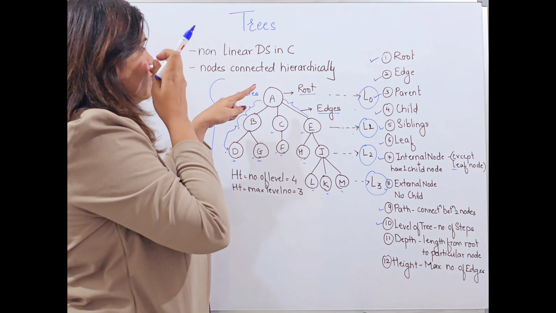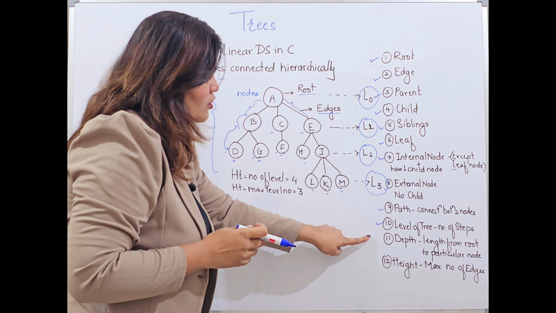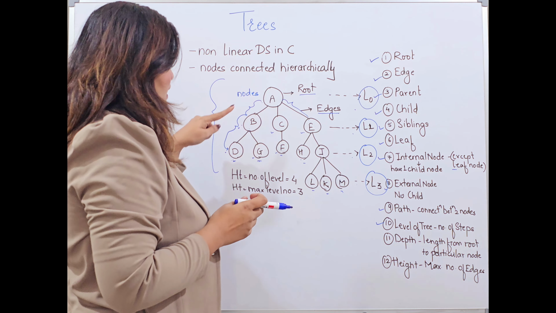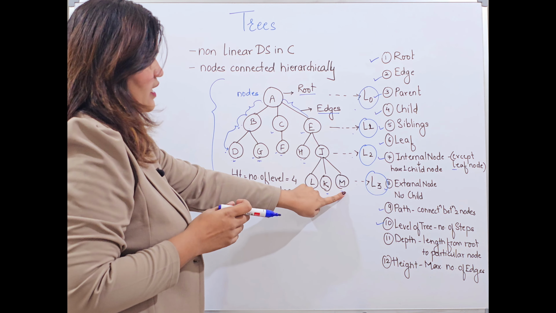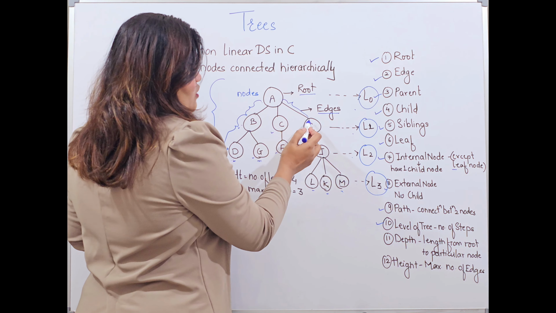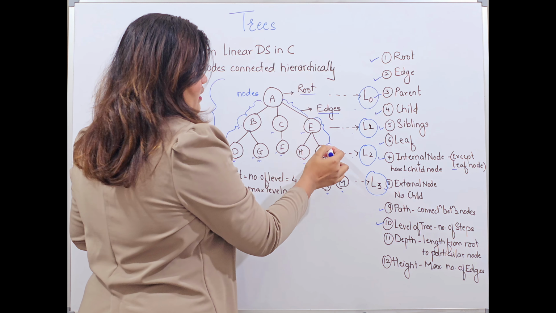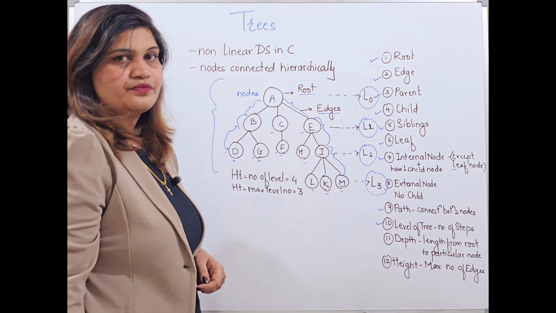Number of steps talks about from the root till the last level that is there. Depth talks about from the root till the particular node. In this case, if I talk about M, we'll take the last node itself. If we talk about depth of this, it starts from A to E, E to J and J to M. That is the depth.